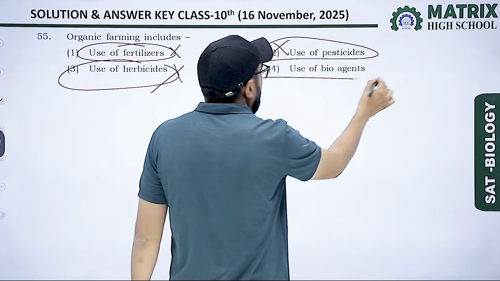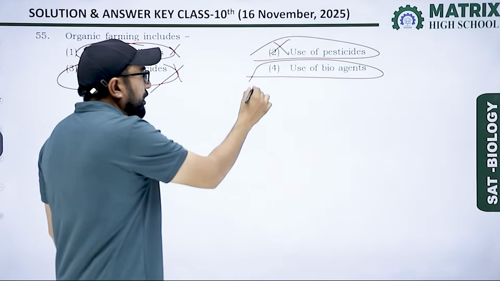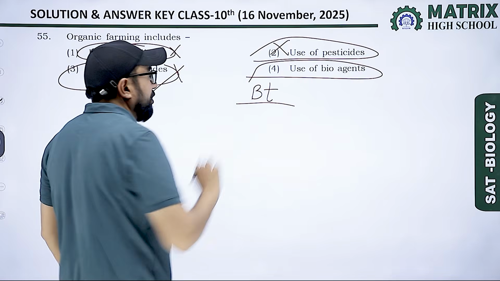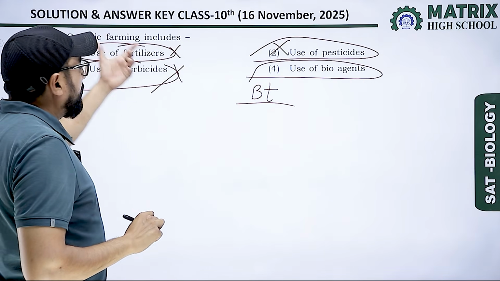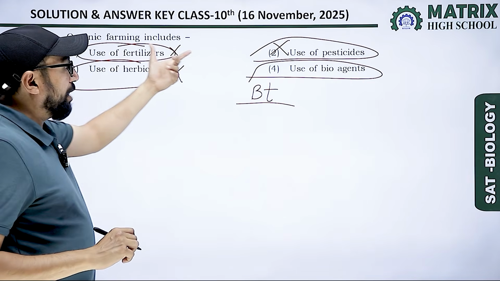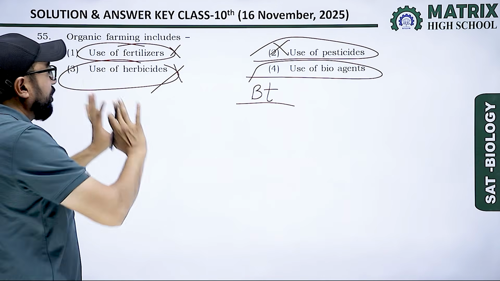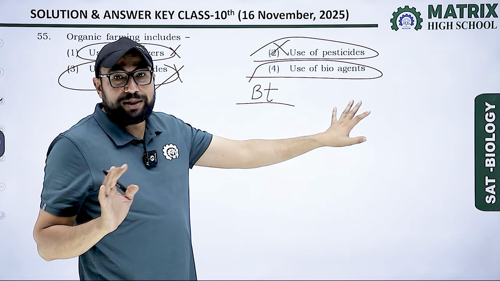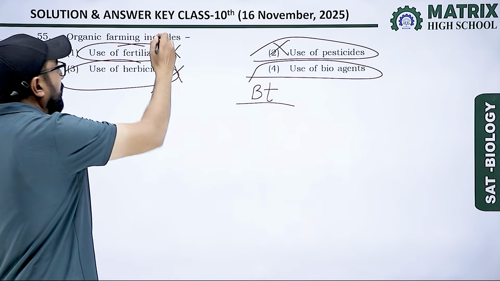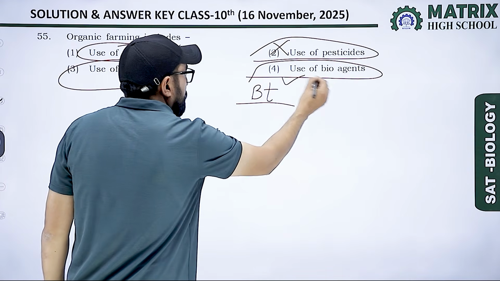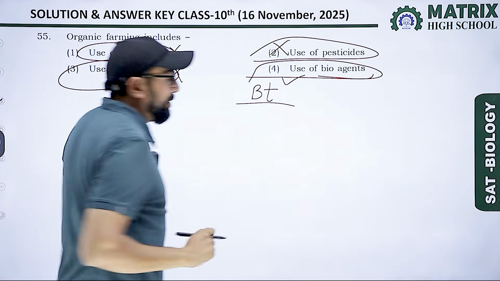But use of bioagents, like Bt cotton, Bacillus thuringiensis, for biocontrol is included. In organic farming you do not use pesticide, fertilizer or herbicide. So this is pure organic farming, use of bioagents.